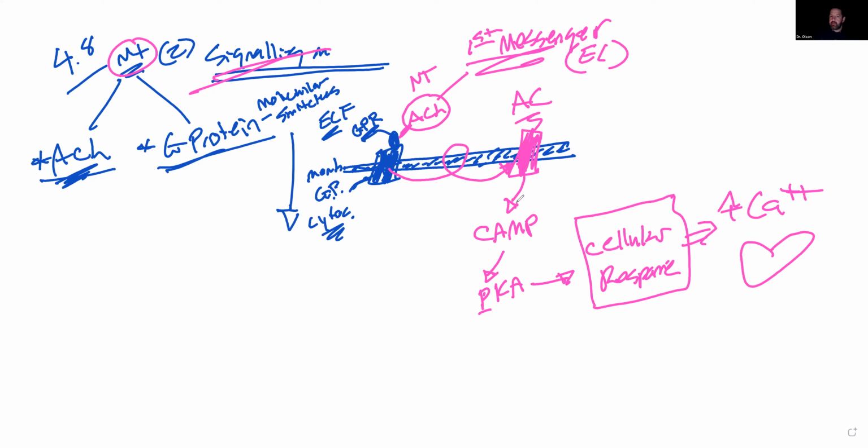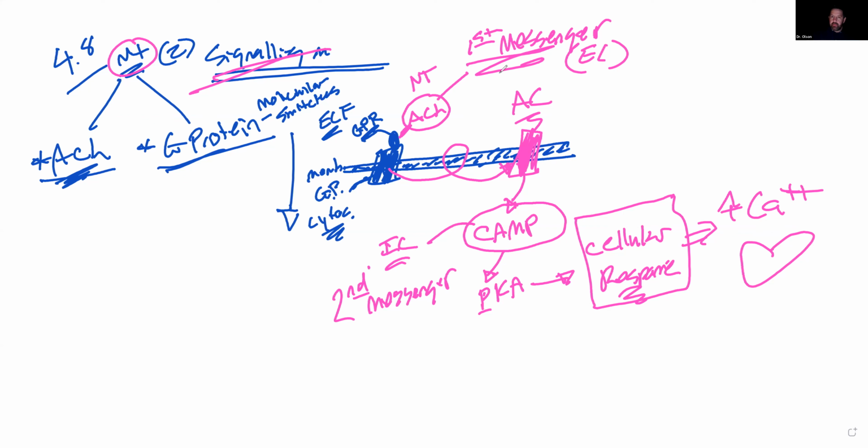Adenylyl cyclase is going to release this cyclic AMP, and we're going to call this cyclic AMP another signaling molecule, but it is an intracellular signaling molecule, and we're going to call this the second messenger. And so the second messenger is then going to trigger the remaining part of the pathway to ultimately give us a cellular response, like an increase in calcium in the heart.